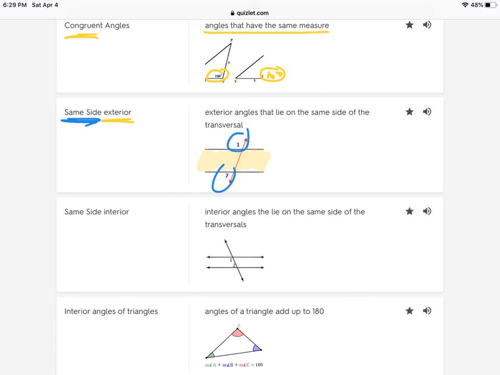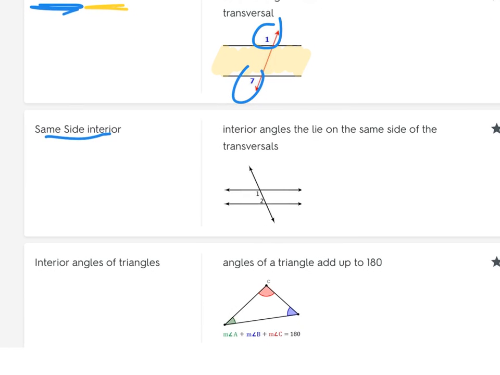And then the next term is kind of the opposite of that. It's same side interior. So if we were to highlight inside the parallel lines, you can see that 1 and 2 are on the same side of the transversal, but they're on the interior.